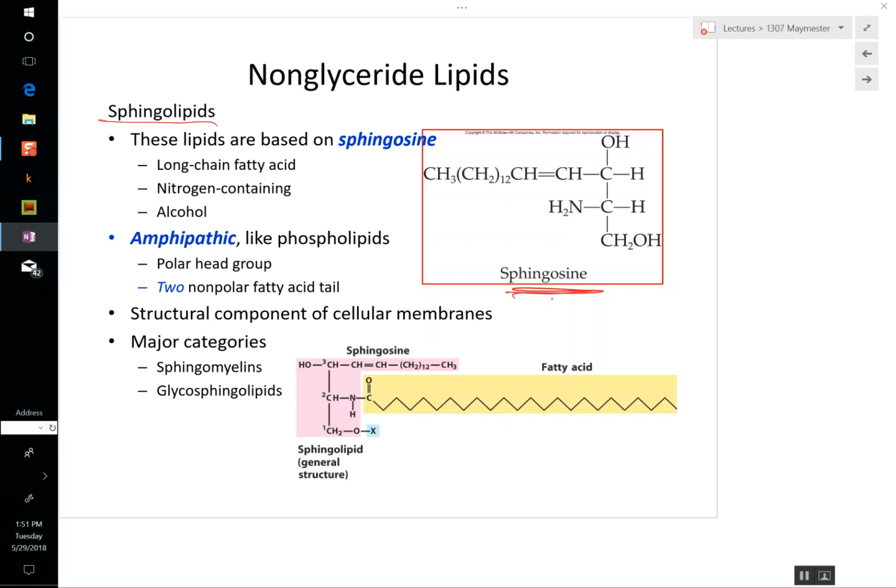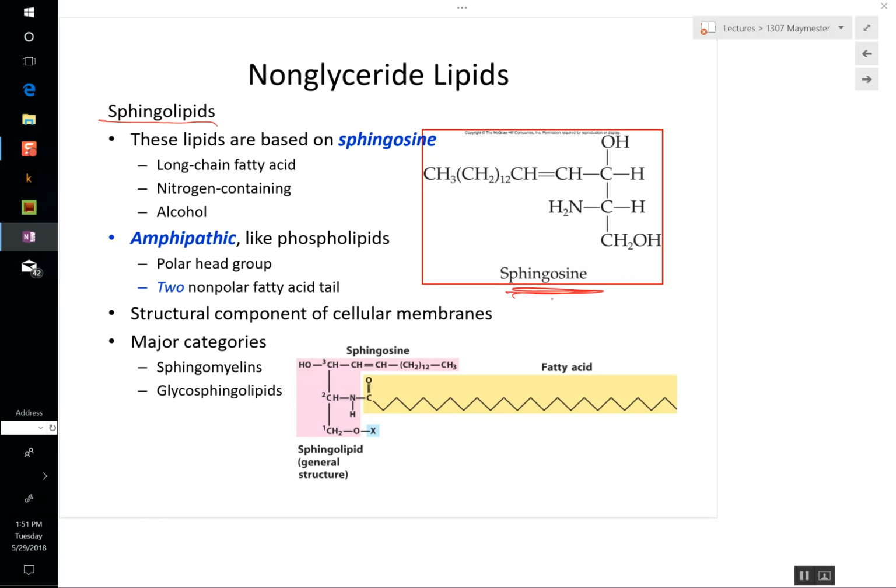So phosphoglyceride is the generic cell membrane molecule in your body. Sphingolipids is a specialized cell membrane molecule for nerve cells. So that's the thing that distinguishes these. I do expect you to appreciate that nerve cells have a specialized cell membrane lipid, and that's sphingolipids.